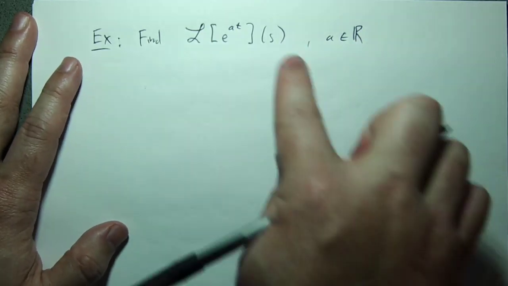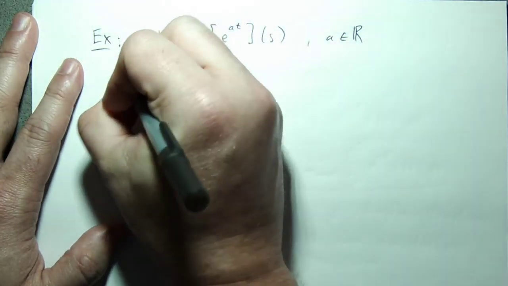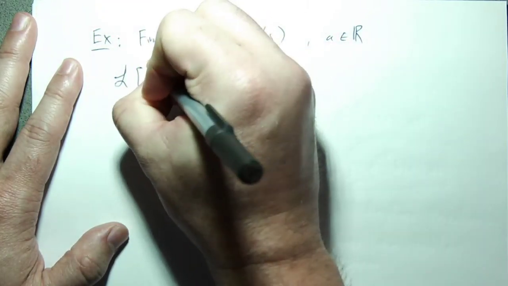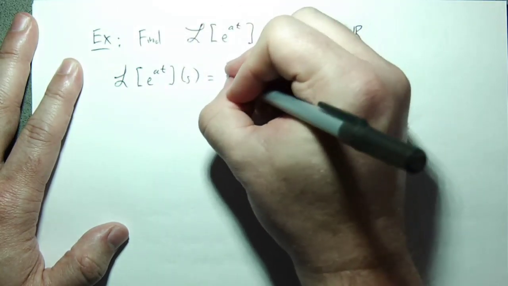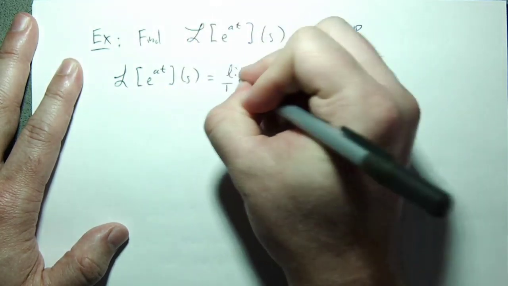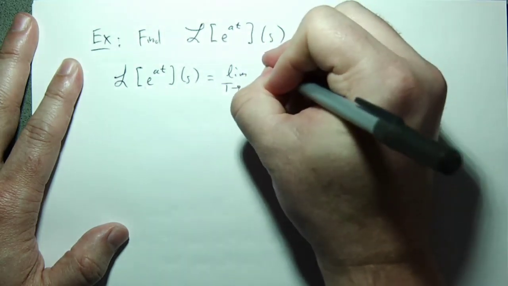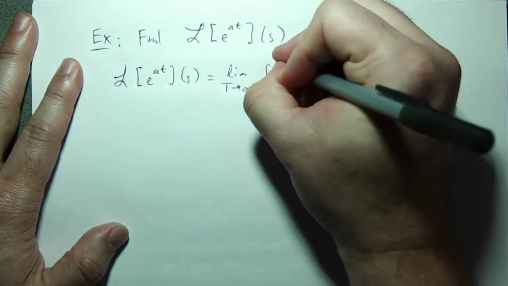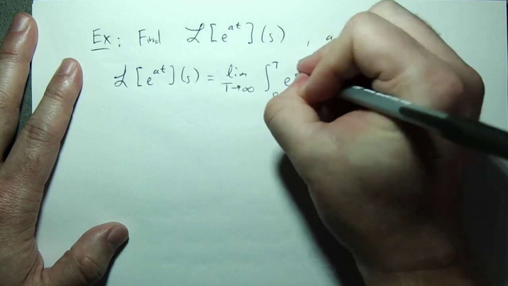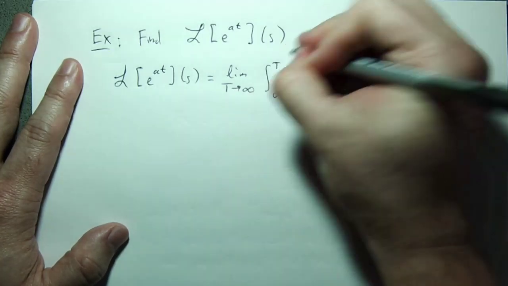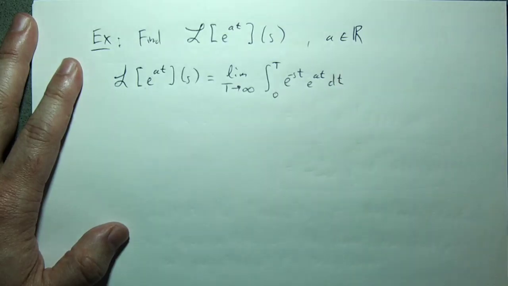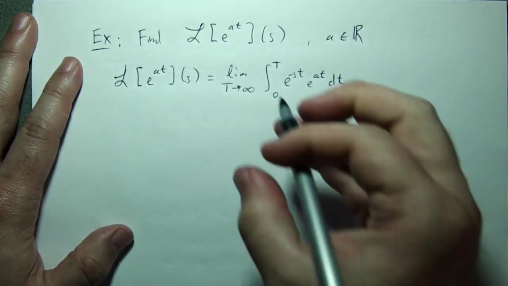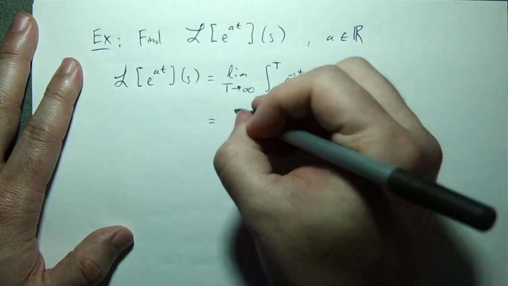All right. So by definition, the Laplace transform of e to the at, evaluated at s, I'm going to go ahead and write as a limit. This is the limit as big T goes to infinity of the integral from 0 to big T of e to the minus st times e to the at dt. Now I can obviously simplify this, using my exponential laws.